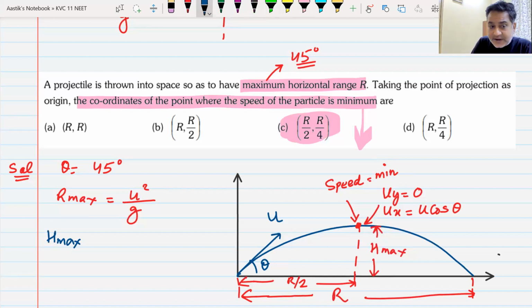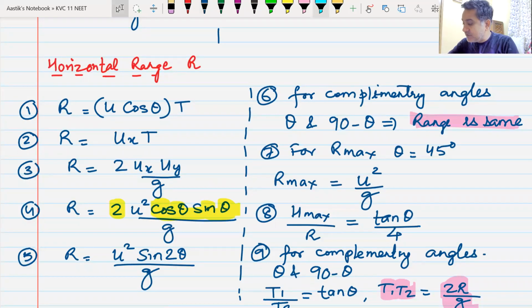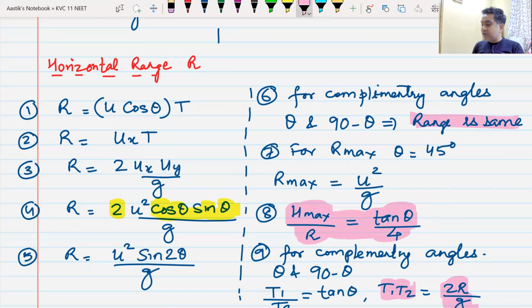If I take you back to the formula number 8, h max divided by r is always equal to tan theta divided by 4. Yes or no? I gave you this formula.